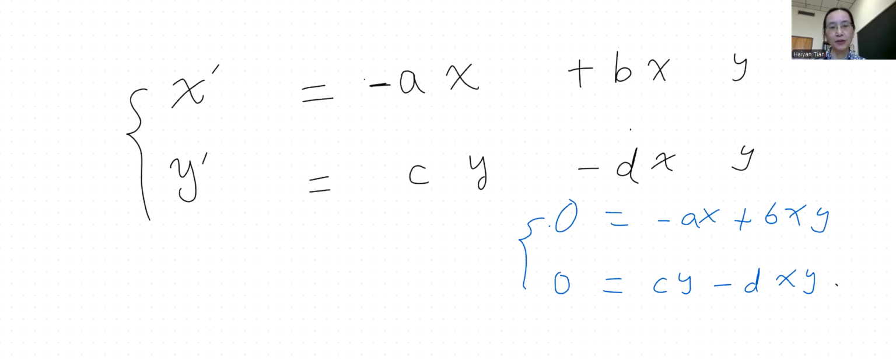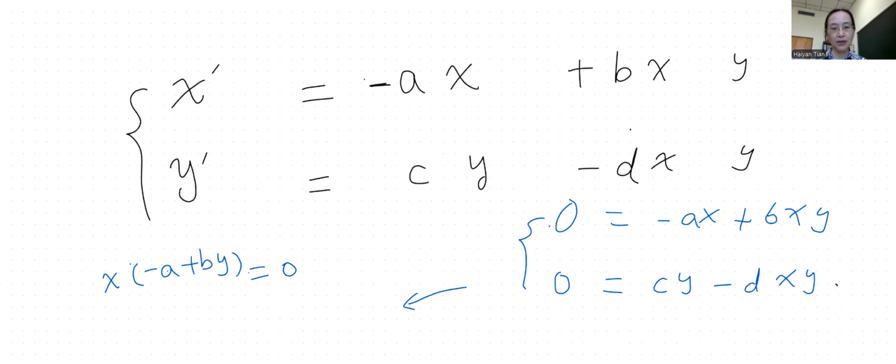So from here, we can continue to work on each equation. But x in the first equation can be factored. So let's put 0 on the right-hand side just to make it a little bit easier to work with. X is a common factor, so we factor out x. So that's the first equation.